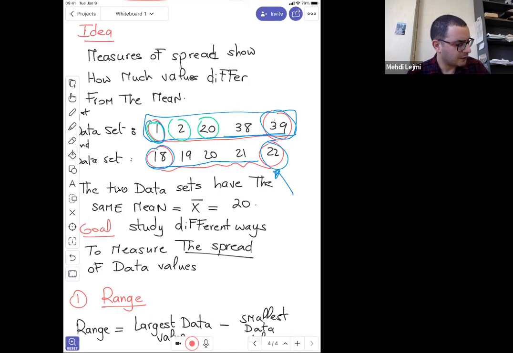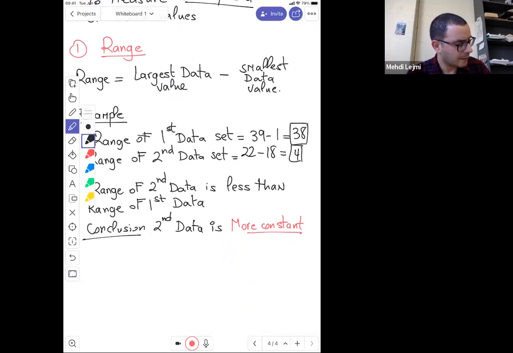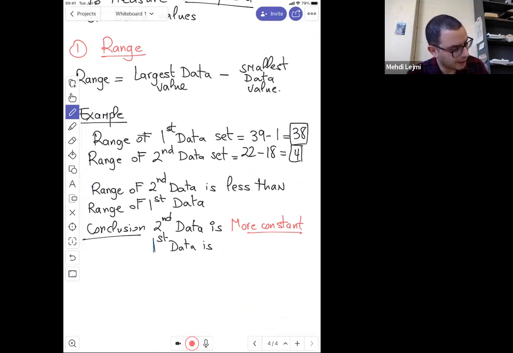And so now the first data set is more dispersed.